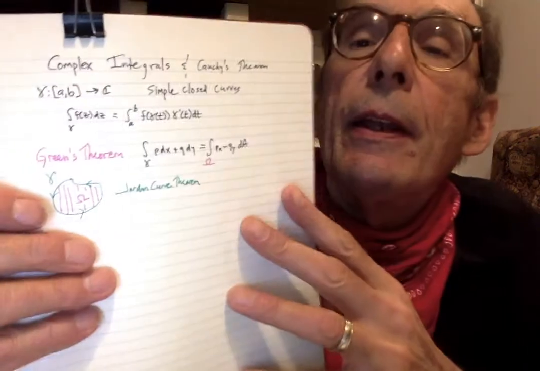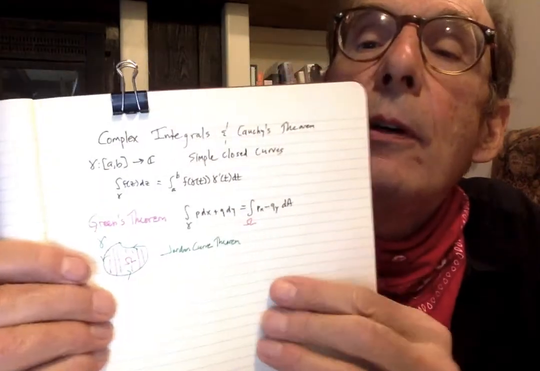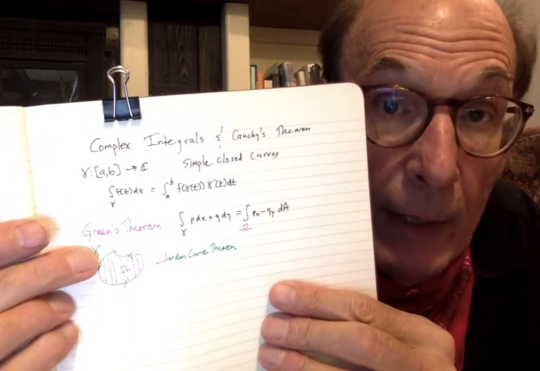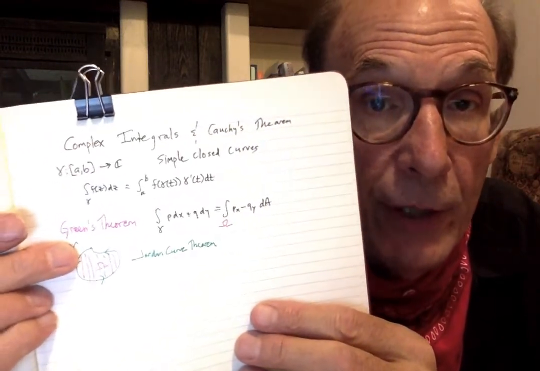Counterclockwise is positive. The inside is, I'm going to call this region omega, and the other part of Green's theorem says that the integral is going to be over omega. So there's a picture of omega. There are some very, very complicated pathological examples that you can study in algebraic topology.